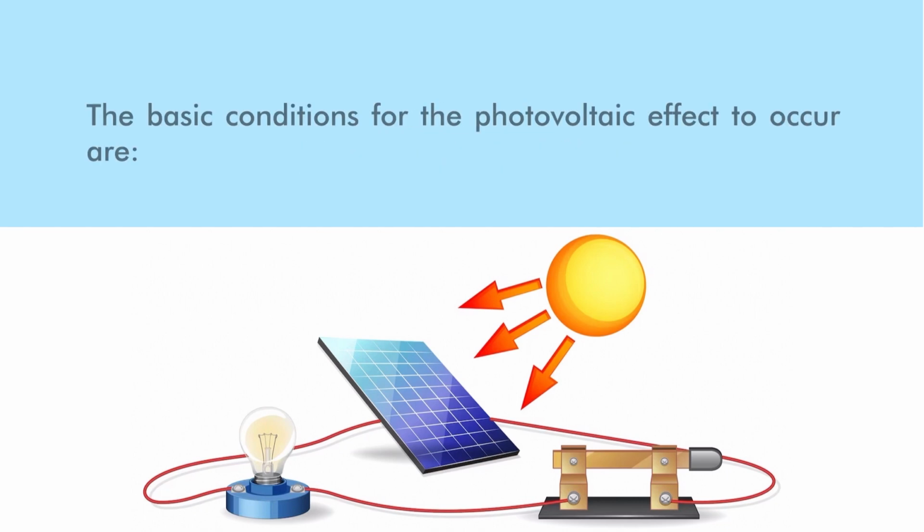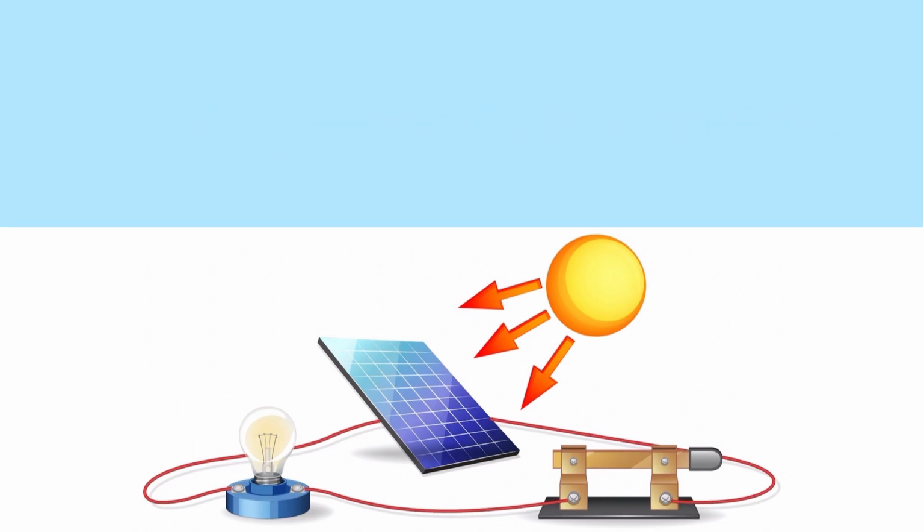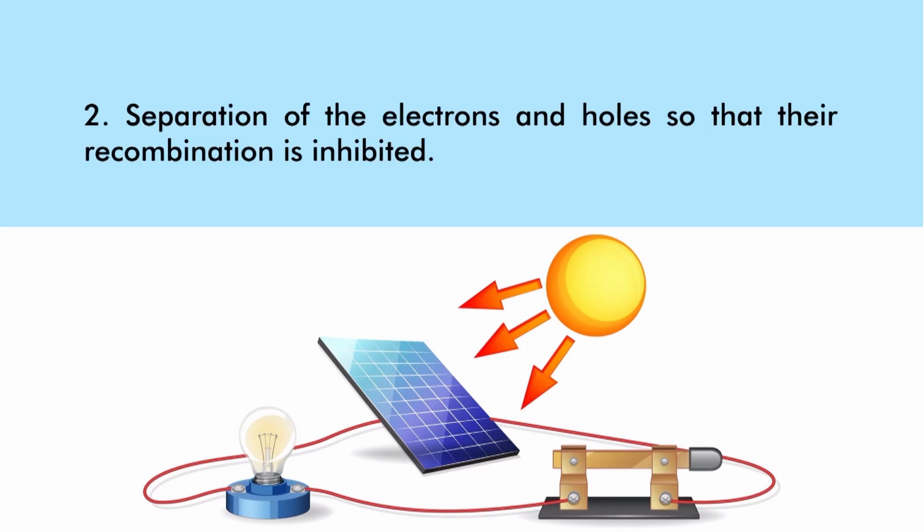The basic conditions for the photovoltaic effect are: one is absorption of photons creating electron hole pairs in a semiconductor. Second is what? Separation of the electrons and holes so that their recombination is inhibited.